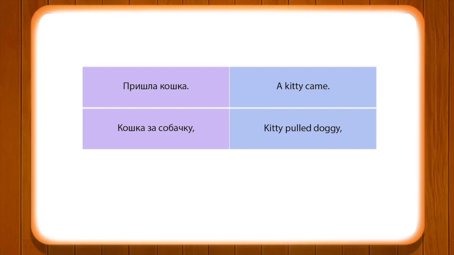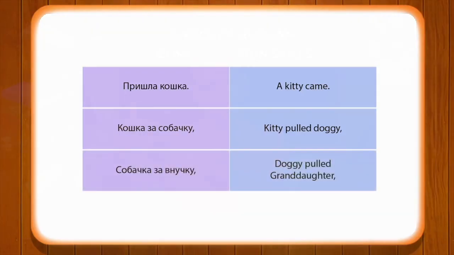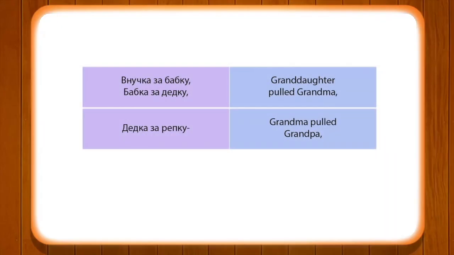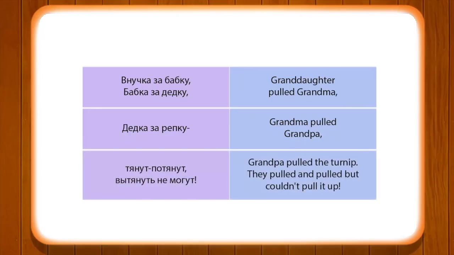The construction goes further in the same manner: Koshka za sabachku, sabachka za vnuchku, vnuchka za babku, babka za djedku, djedka za repku, tjanut pachjanut, vychinit ne mogut. In the same way, it has the same meaning and same construction.